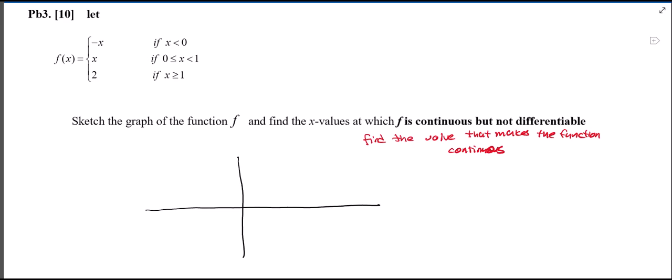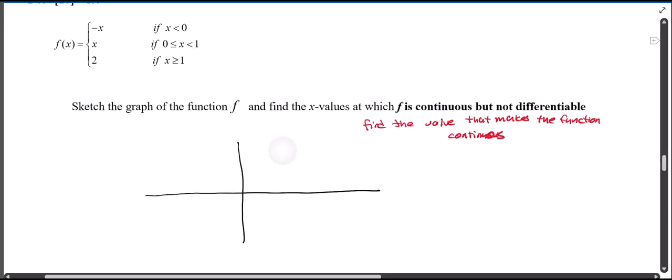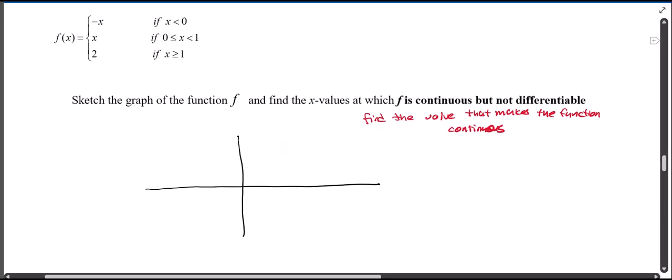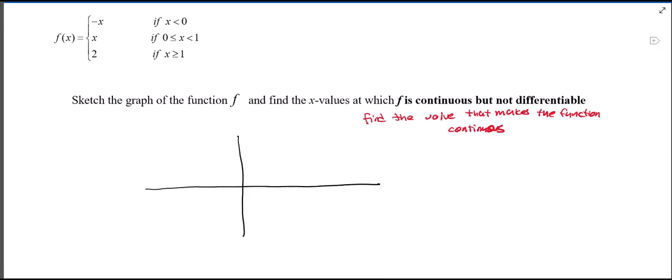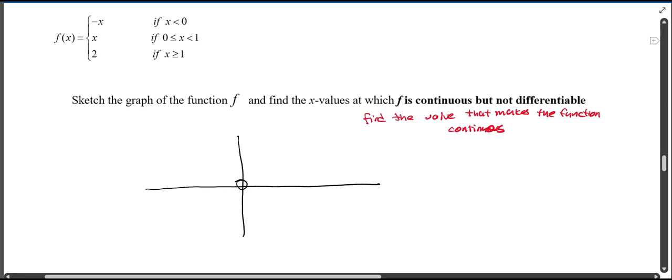I'll plug in 0, I get 0, but I'm going to put an open circle because there's no equal sign there. It's a line, so I need one more point. When I put in negative 1, negative 1 is 1, so I get this line.